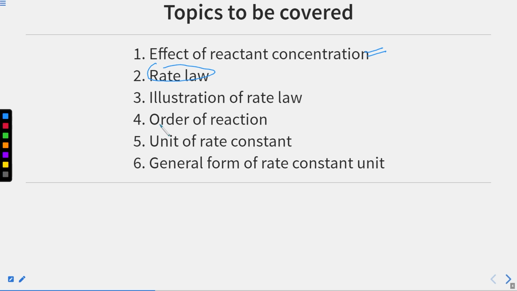Then we will discuss the order of reaction, then something called the rate constant. We will discuss its unit, which is asked in the exam sometimes. And then we will try to generalize the unit of rate constant. So these are today's topics.